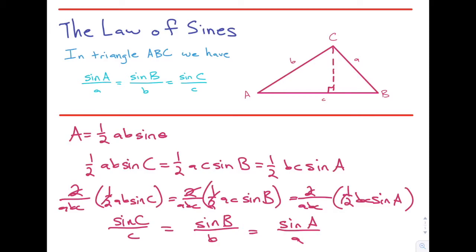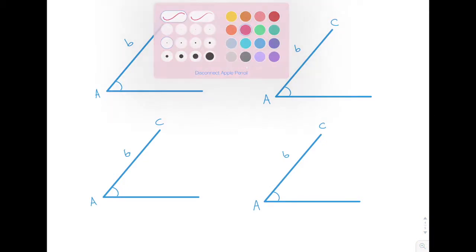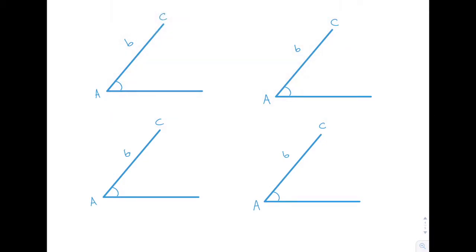Now to look a little bit more deeply at one of the specific cases that I mentioned before, the side-side angle case. So I've drawn up a couple schema here so we can talk about it a little bit. So we're given the angle A and we're given the side B. We're also given a side A, given little a.